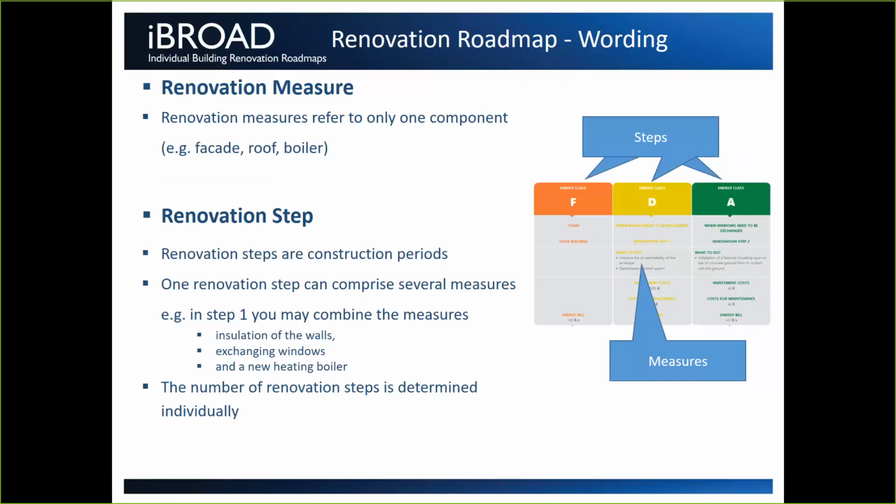For instance, you can put together in one step insulation of the wall together with exchanging the windows, which fits perfectly because you can have this link between the two. And maybe you also put into this one step a new heating boiler. So this means a step. And the number of steps is something you fix together with the owner, and it's always individual. This is important to remember when we come to the tools soon.